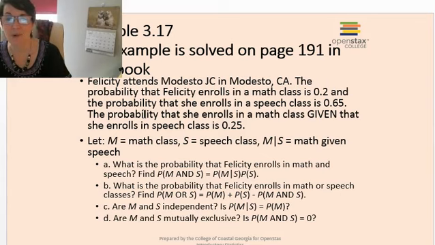The probability that she enrolls in a math class, given that she's enrolled in the speech class, is 0.25. So again, working through those, looking at the terminology, the notation, the answers are there on page 191. I think this is an important exercise to work through to understand how those things fit together.